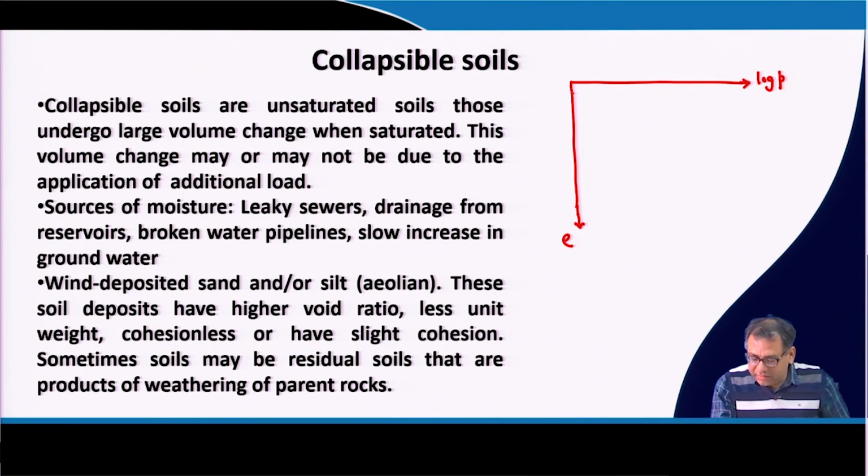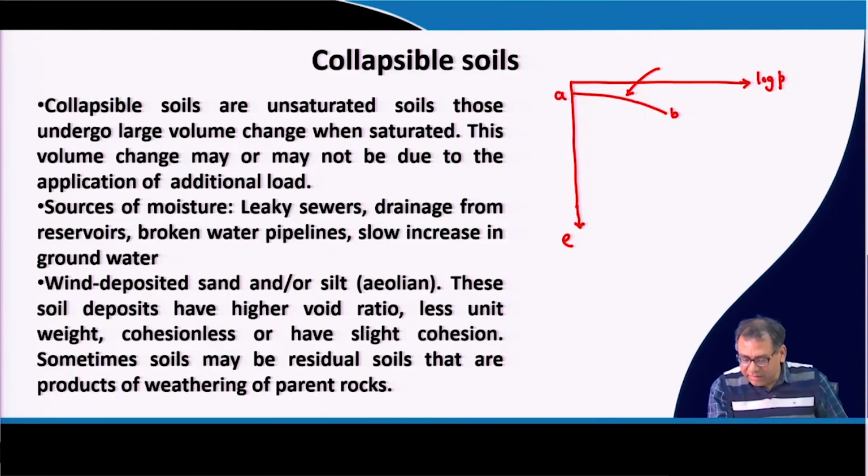Now, suppose this is the behavior under natural moisture condition. So, that means the path from say A to B is under natural moisture content. So, here soil is under unsaturated condition. So, this is the behavior.